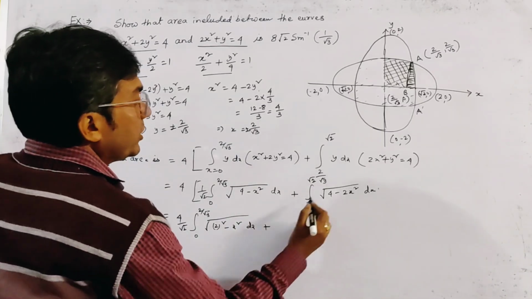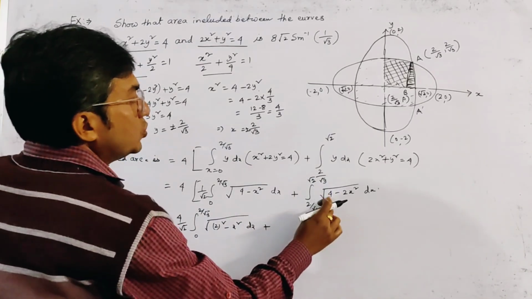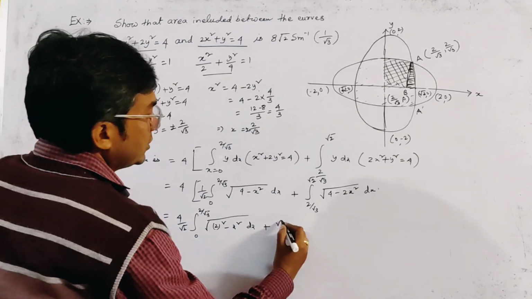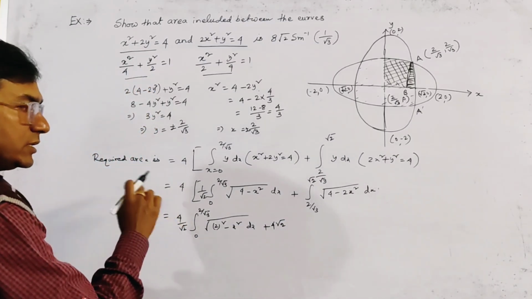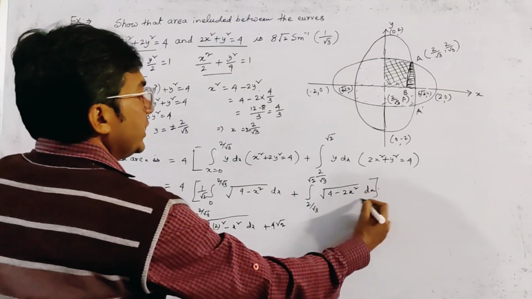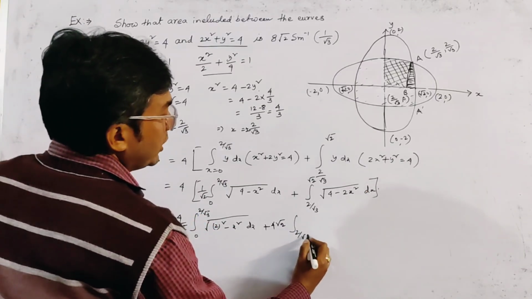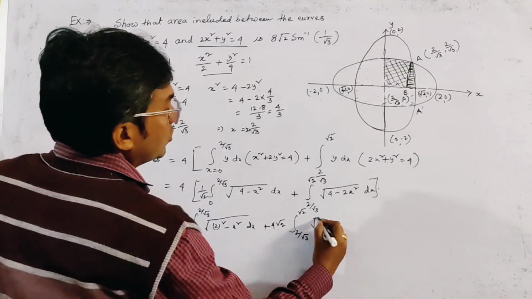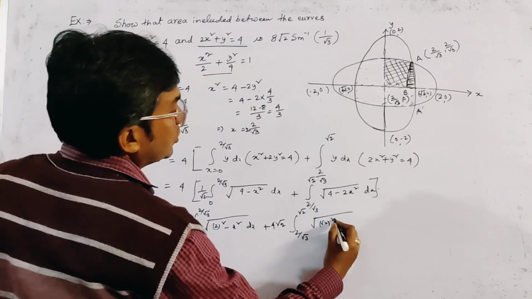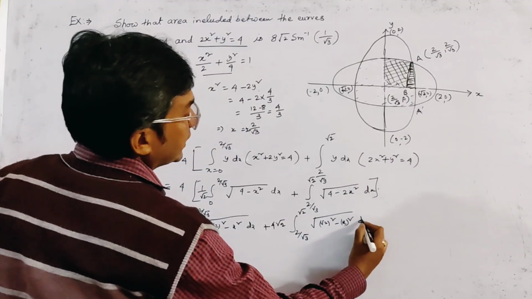And from here we take common 2, that is root 2, we write here root 2 into 4, already here outside of the bracket we get integration 2 by root 3 to root 2 of root under 2 square minus x square dx.